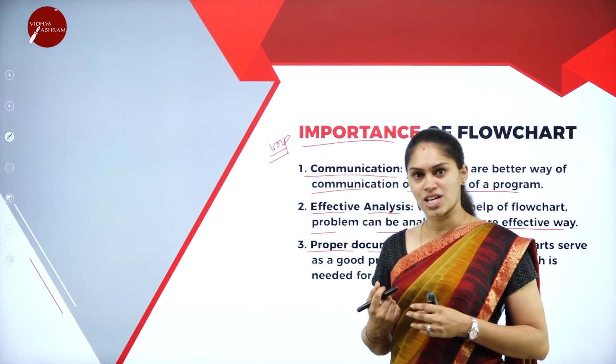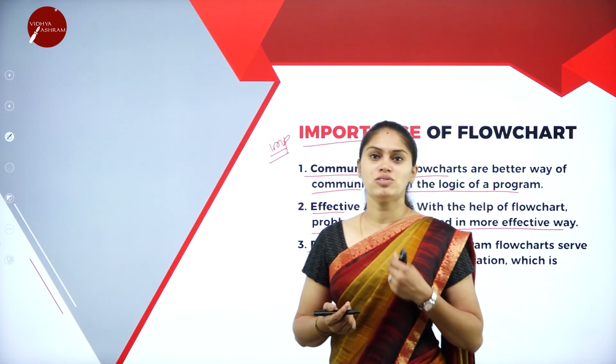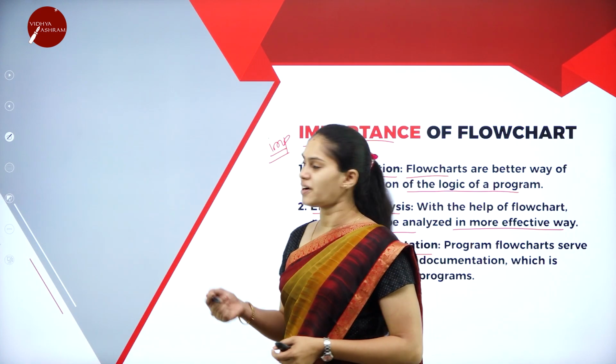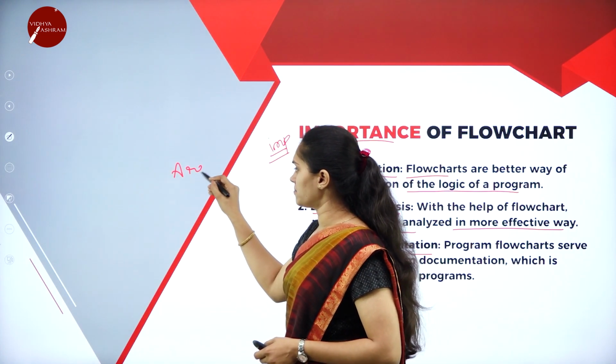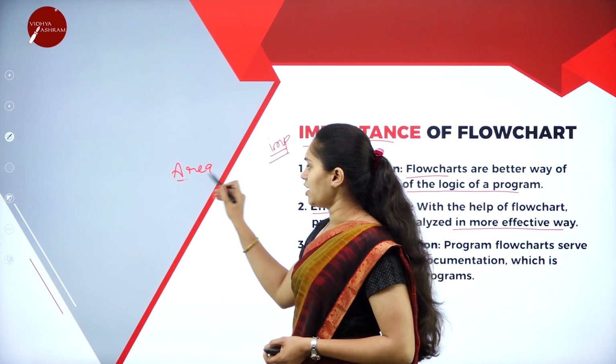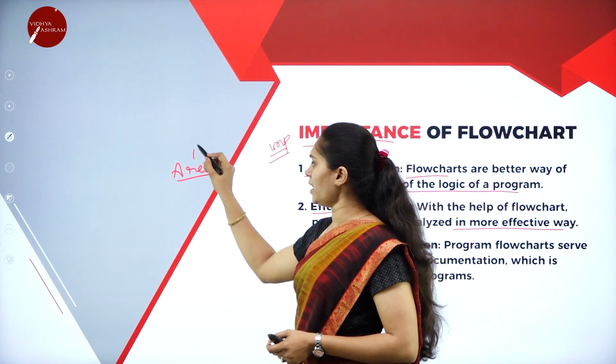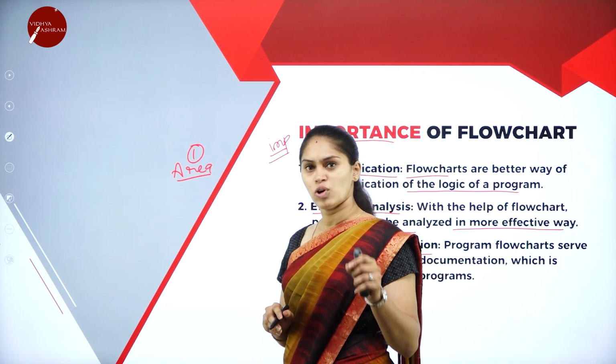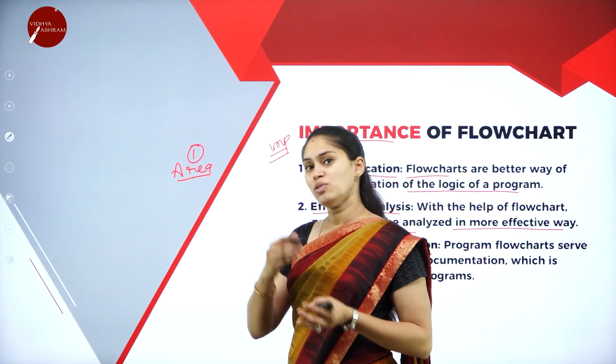Now I am going to draw a flowchart in order to find the area of a circle. So this will be one flowchart. But I want to use this same flowchart in one more program.